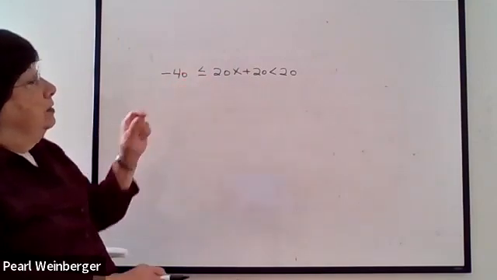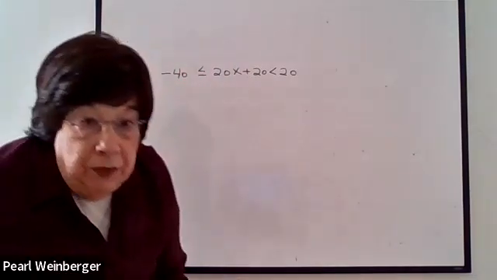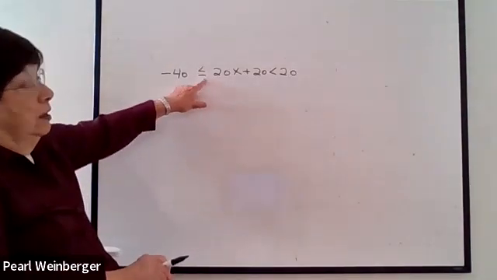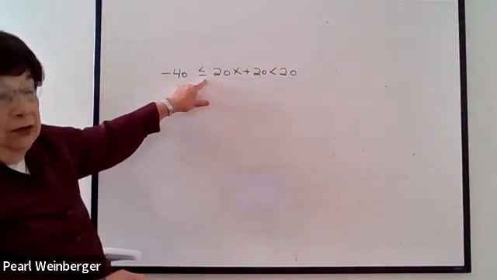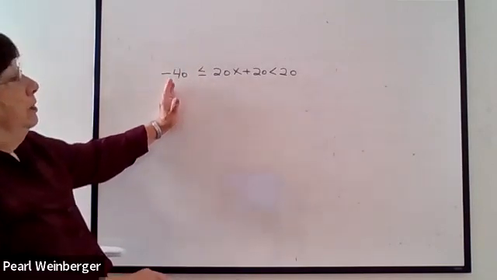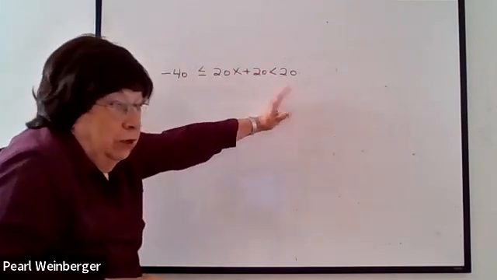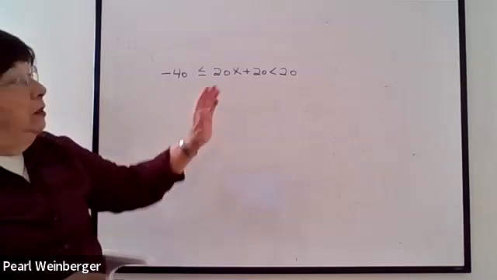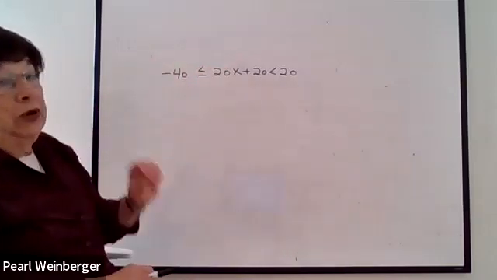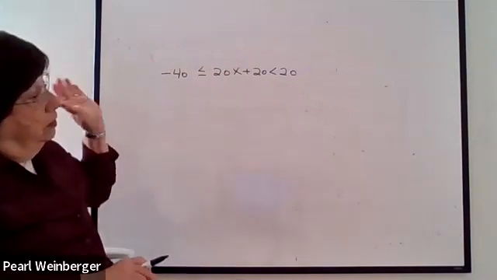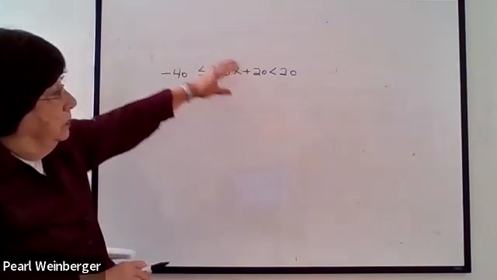The inequality signs always have to be less than or equal to, because you're always working with the smaller number on the left and the larger number on the right. So that we're doing things according to the number line, where the smaller numbers are always on the left and the larger numbers are on the right.